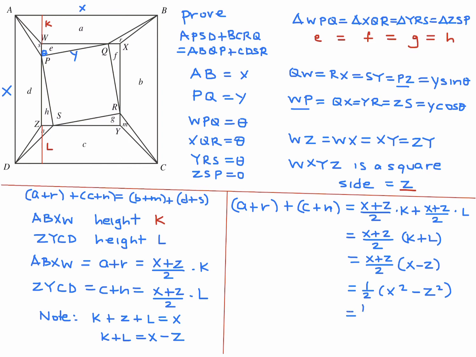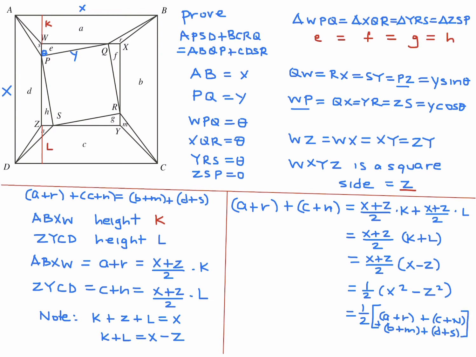And the area in between them is essentially everything that I had talked about. All those guys. That's the interesting part. So the area in between is a plus r plus c plus n plus b plus m plus d plus s.